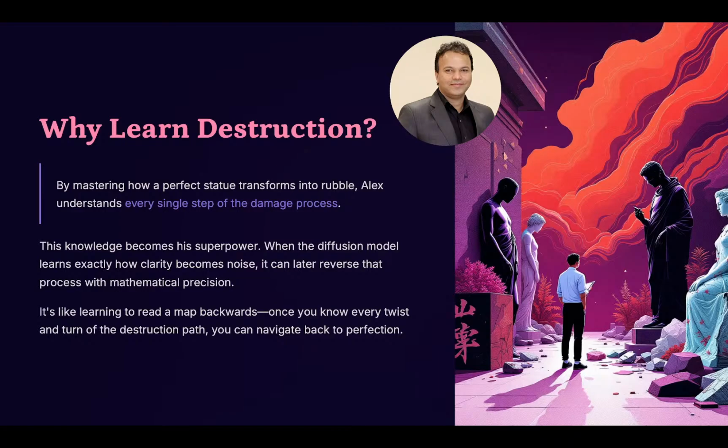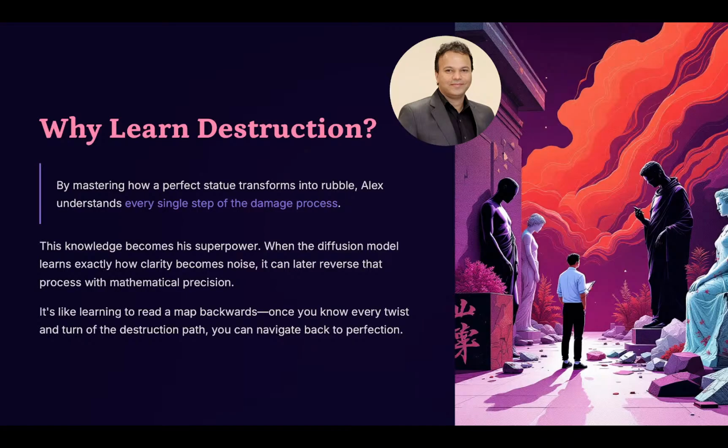If we understand how a perfectly beautiful sculpture or a photo or an image gets broken down into totally unrecognizable noise and chaos, then if you reverse the process, you're reconstructing what it is. So tomorrow, instead of a completely deconstructed or broken thing, I just give a lot of clay, or a lot of mud or some material. You use the same process and reconstruct it back.